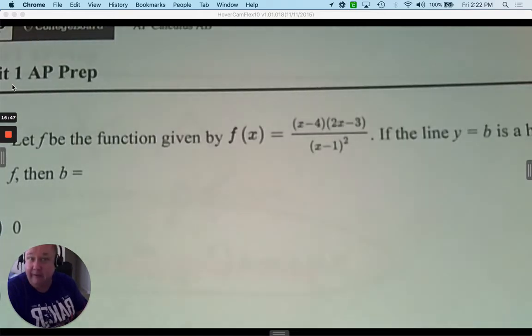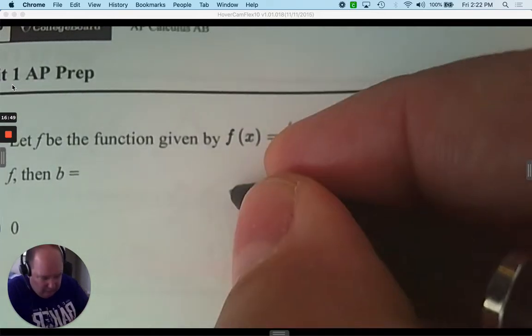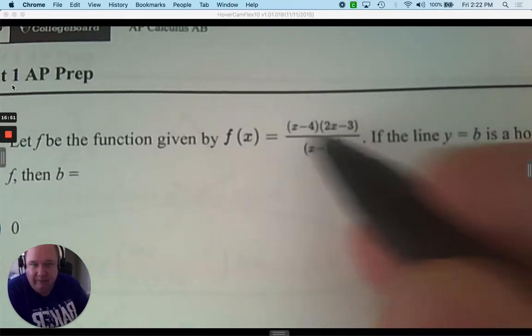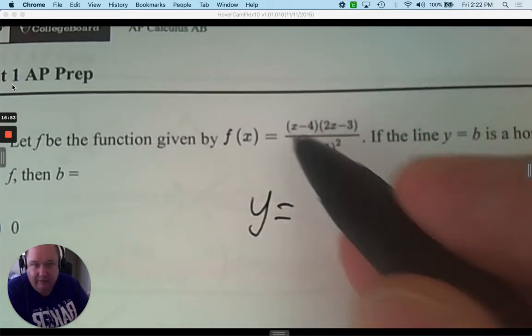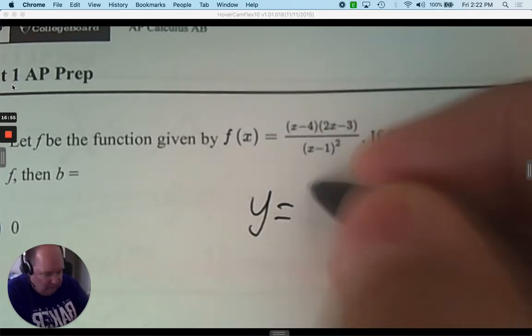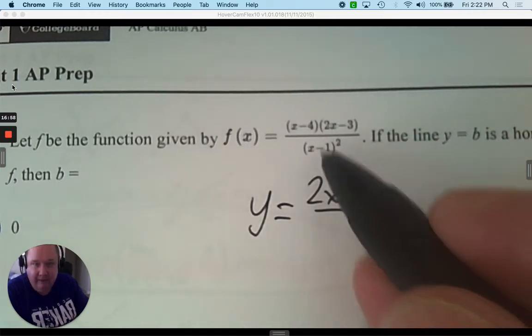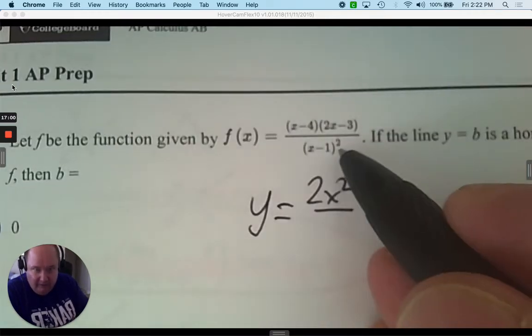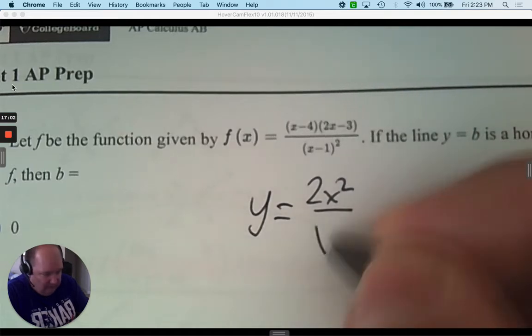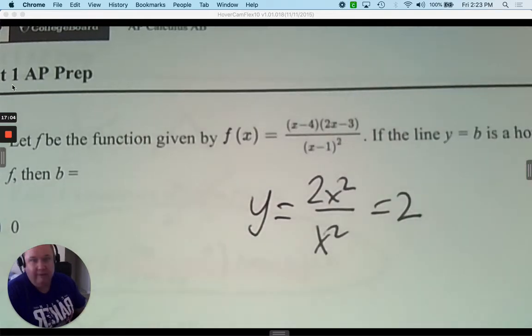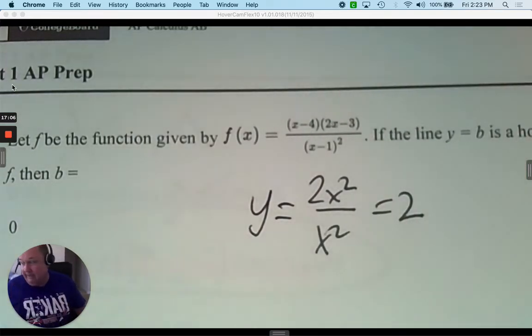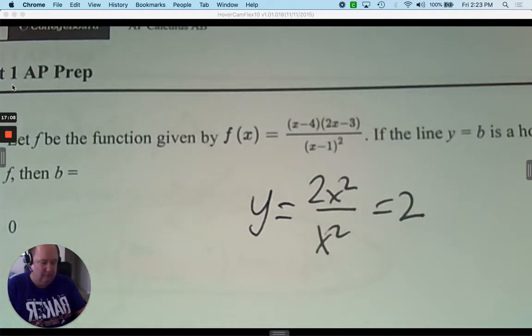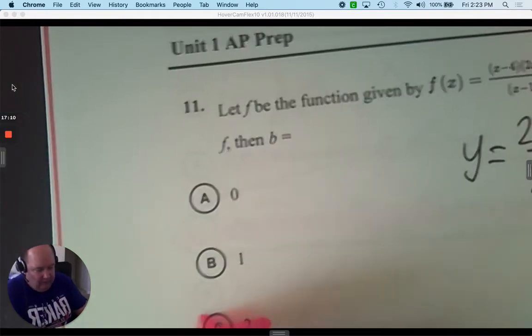And that has to do with end behavior, and that has to do with power terms. So if I think of the power term in the numerator, it'd be x times 2x, which is 2x squared. In the denominator, if you multiplied it out, it would be x squared. So that's power over power, and the horizontal asymptote would be at 2. That's what b would equal, and you have your answer.